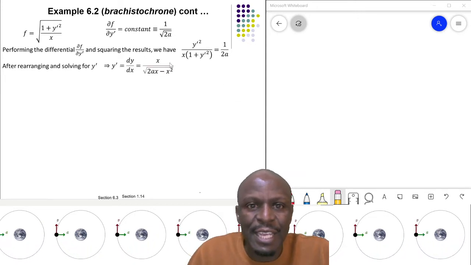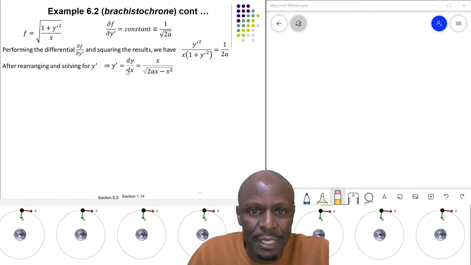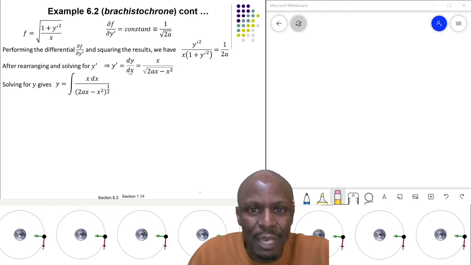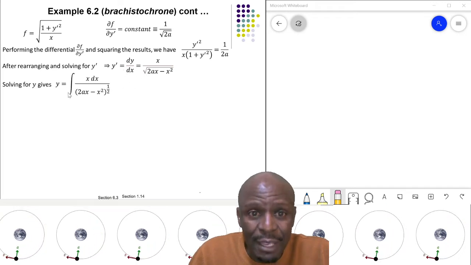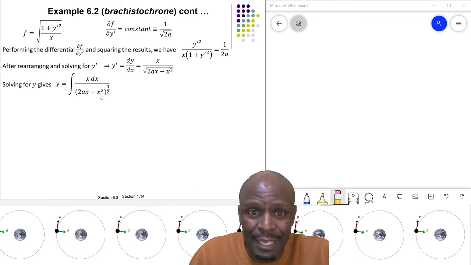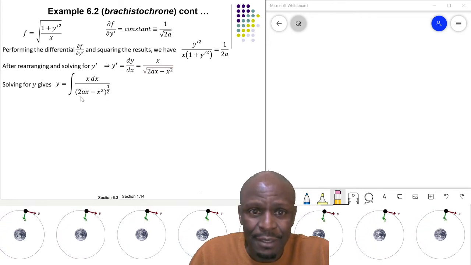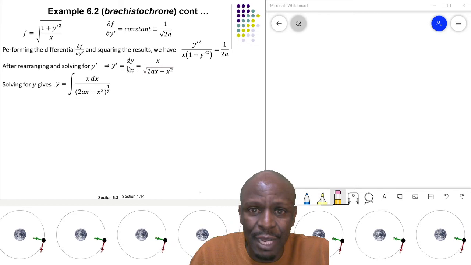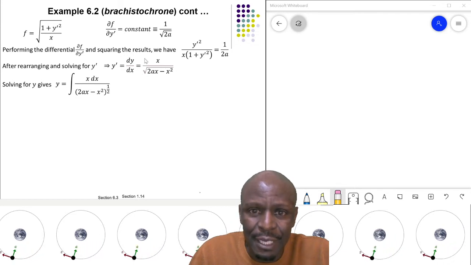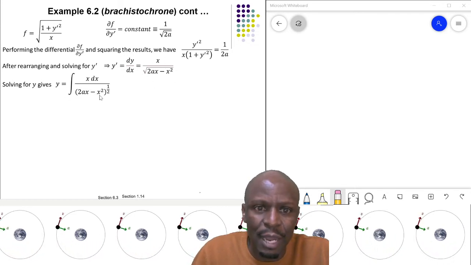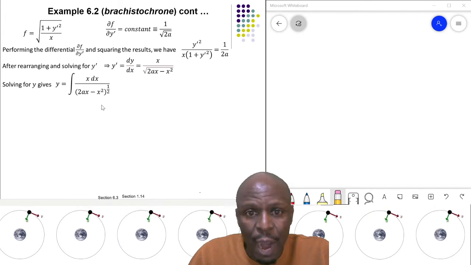And now if you rearrange the equation, y is just going to be given as the integral of this function, because you are just separating the variables. If you separate variables there, this is what you are going to have as your y.